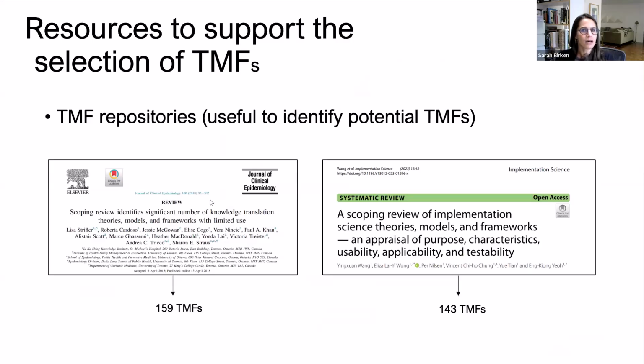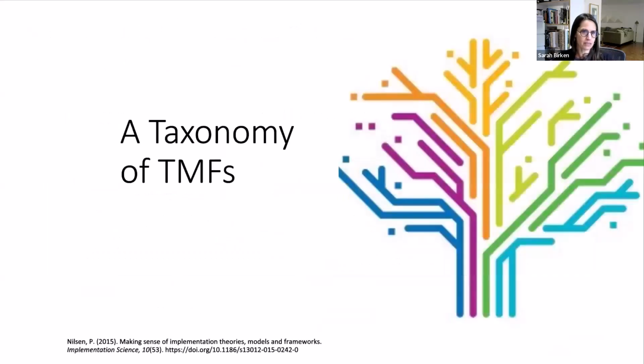There are so many theories, models, and frameworks in implementation science, just a huge amount. It's overwhelming. And when I started my career, this was a big topic of interest. And so Pear wrote this article, Making Sense of Implementation Theories, Models, and Frameworks. It's really fantastic. I hope you've read it.